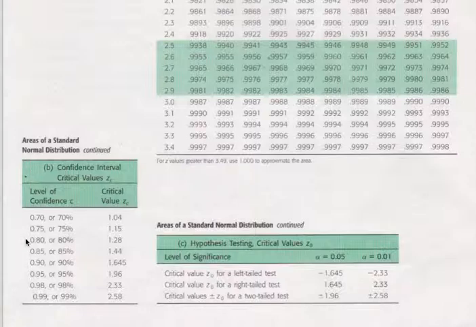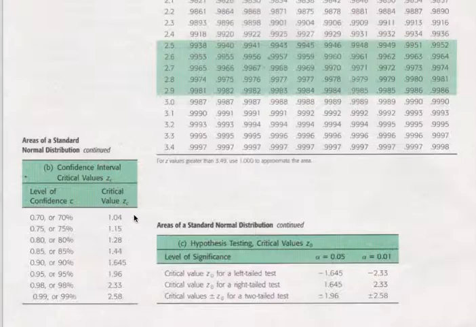Let's look at this row right here where my mouse is. 80% of the data, what ZC value? 1.28. These are the only critical values ZC that you need to know.